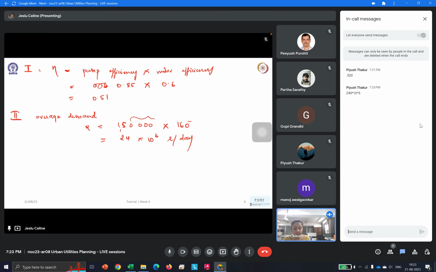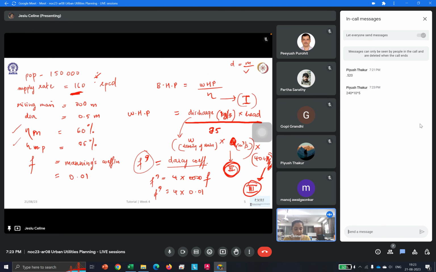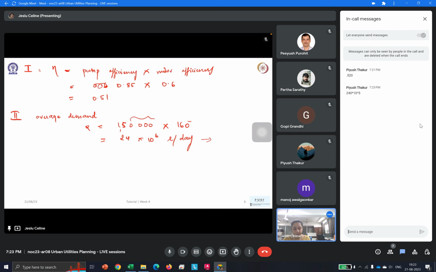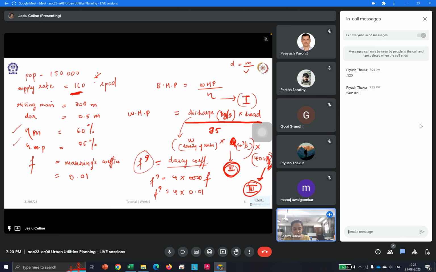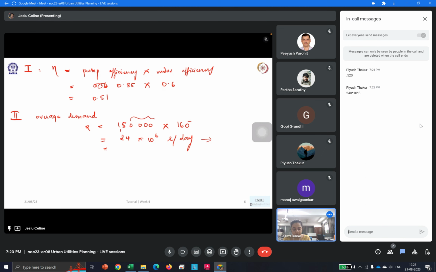But this is in liters per day. Now over here, we did mention that our Q should be in meter cube per second. So we need to convert liters per day into meter cube per second. First into meter cube per day, so divided by 1,000. So this will be 10 raised to 3 meter cube per day.